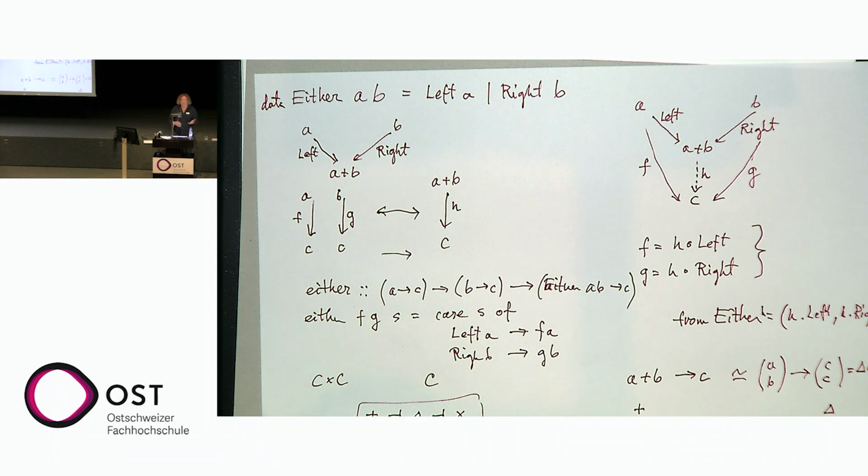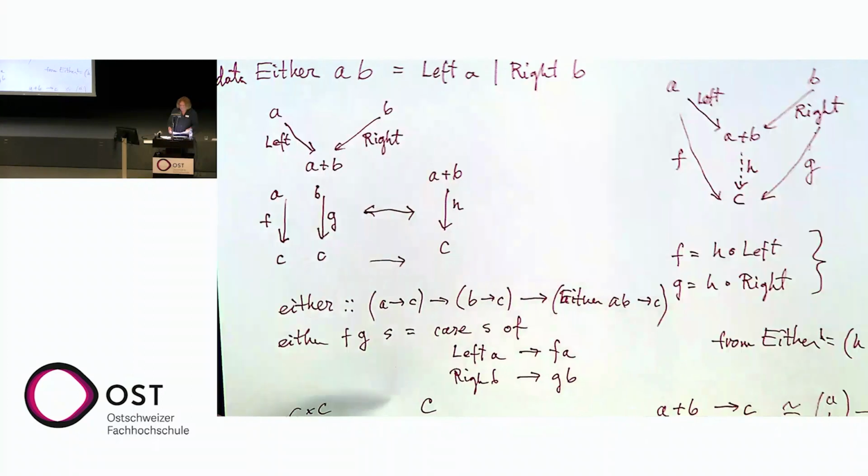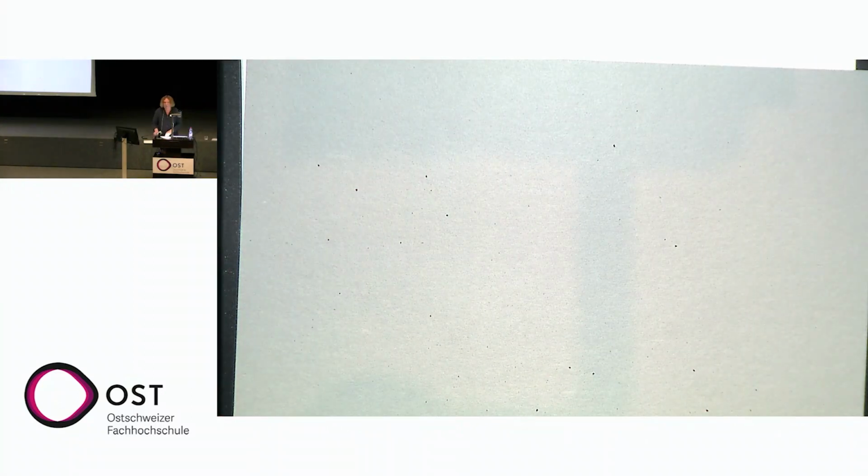For instance, you can show that A plus B is equivalent to B plus A, or A times B is equivalent to B times A. A times 1 is equivalent to A, all using these diagrams. You just plug into these diagrams and look at what is my C? Let's pick something for C. Can I find these two functions? If I can find these two functions, I'm done.